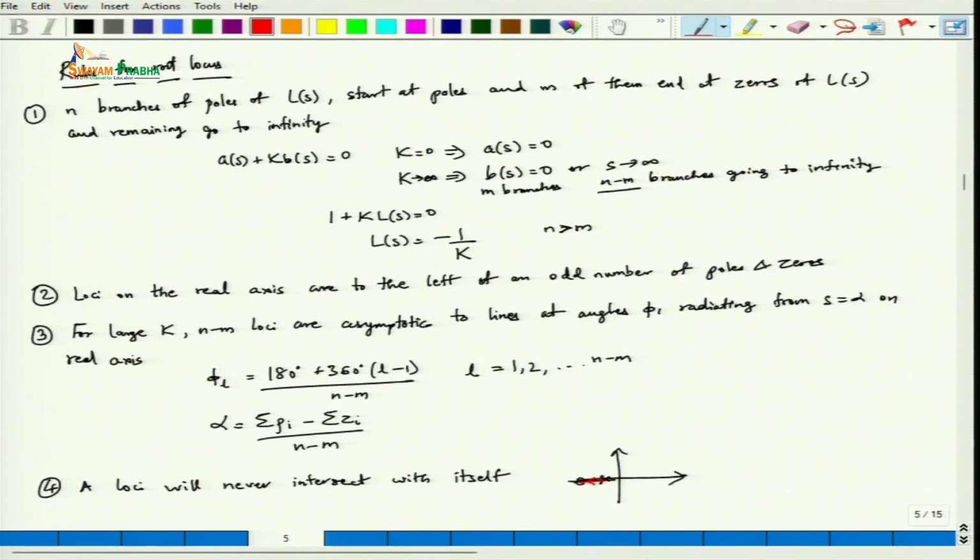So say this is one case. Now we consider the same S plane, the same system. So you have one pole, one zero, and say I have given some root locus which looks like this. So basically what you will see is this is the correct one and this is the wrong one, because here the locus is intersecting with itself, and that is never going to happen.